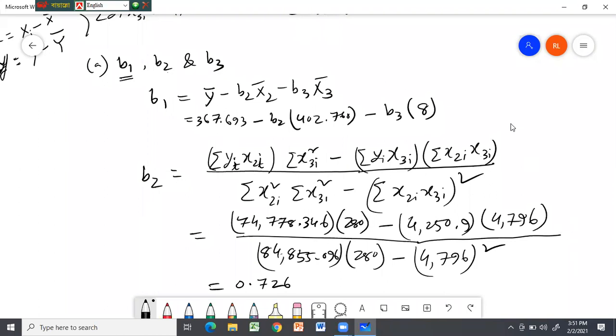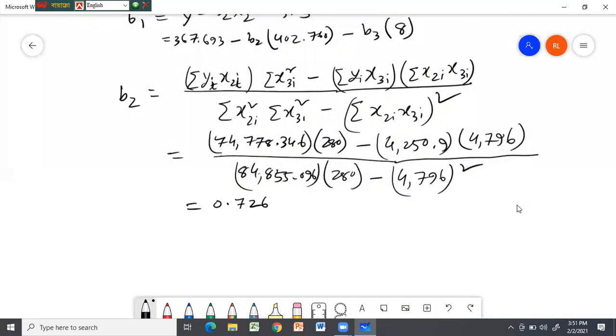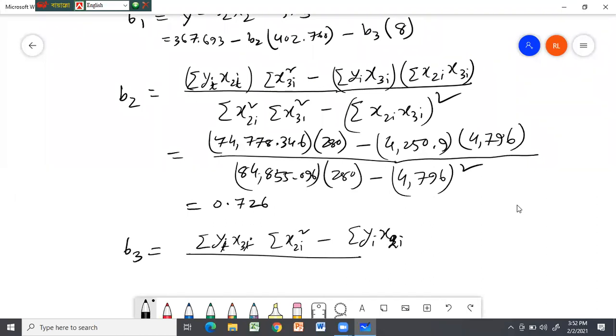Okay, so after that you can also estimate the value of B3 with sum of yi x3i multiplied with sum of x2i square, minus sum of yi into x2i multiplied with sum of x2i x3i, divided by the denominator portion, which will remain the same.